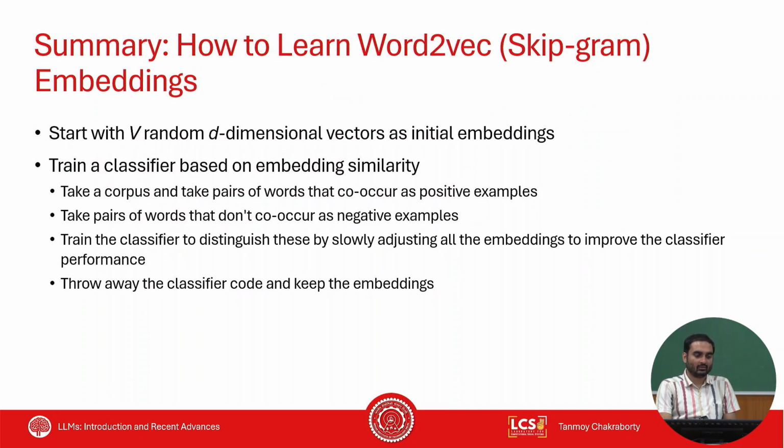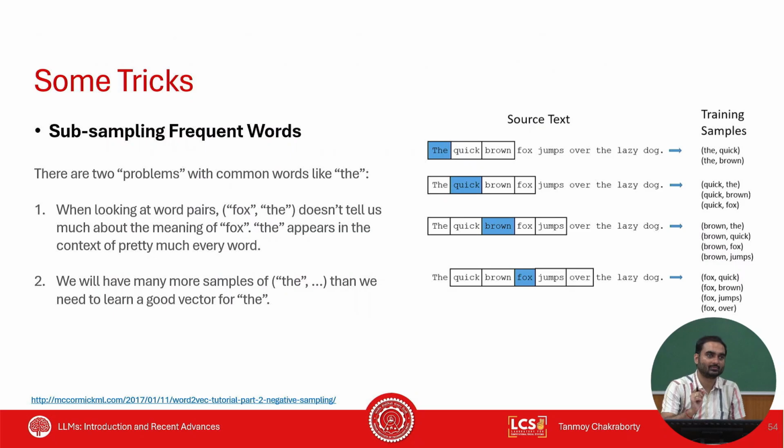Okay, so a couple of small tricks that the Word2Vec paper considered. Another trick that they considered is called subsampling frequent words. Let's say this is the sentence: the quick brown fox jumps over the lazy dog. And this is my window. What are the samples I can curate? The, quick, the, brown, right?